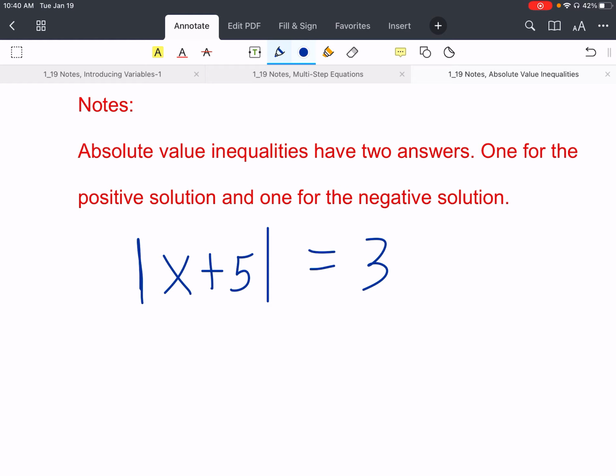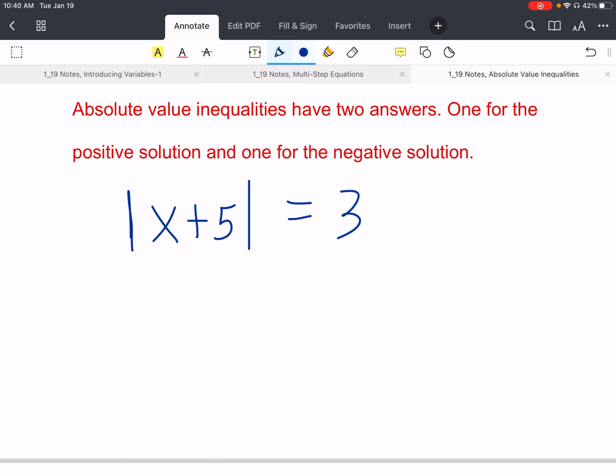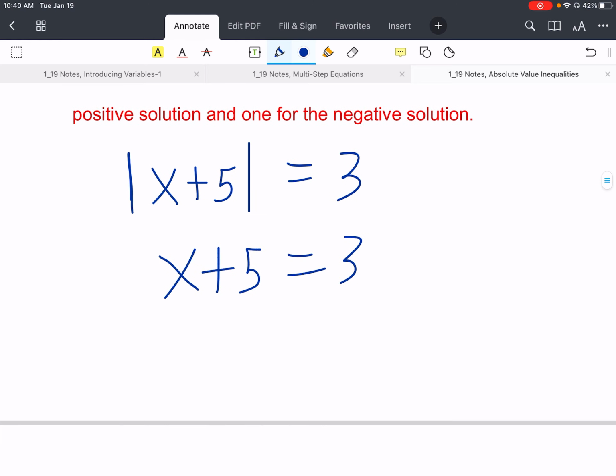So we would write two equations: the positive version, x plus 5 equals 3, and the negative version, x plus 5 equals negative 3. After we solve those, we would have our two answers that would work.